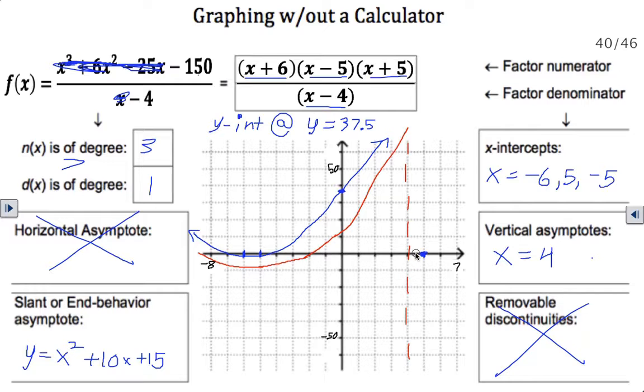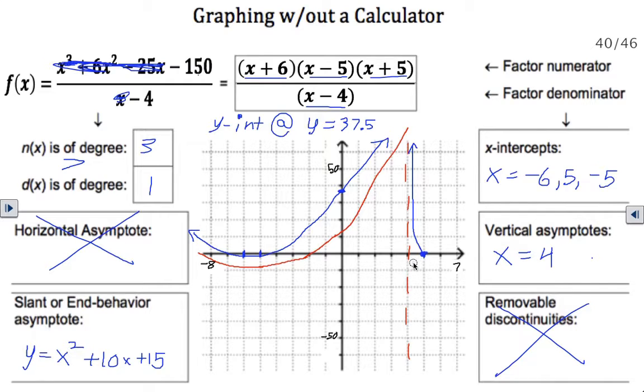So if you plug in 3.5, you'd have a positive, negative, and positive, so your numerator would be negative, and then 3.5 down here would also be negative. 3.5 minus 4 gives you a negative 0.5. So you have a negative divided by a negative, so you're going to have a positive. So between here and this asymptote, you're going to be above the x-axis. So your graph is going to go like this.